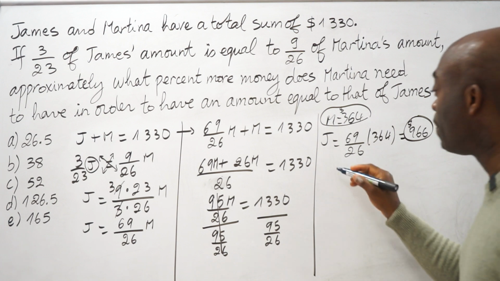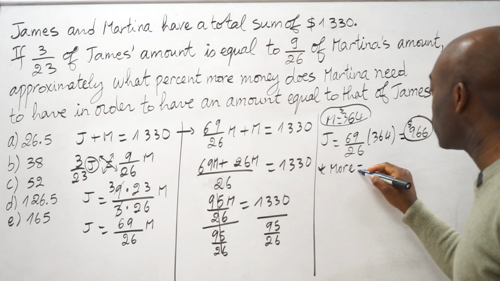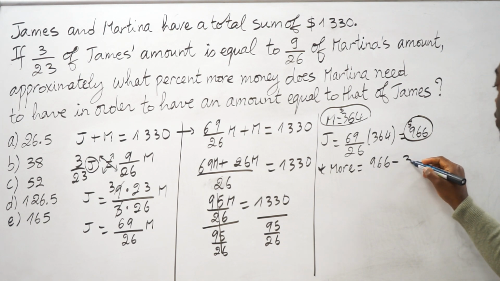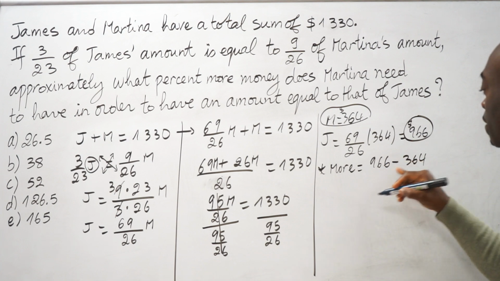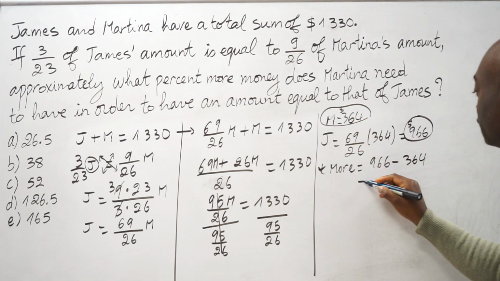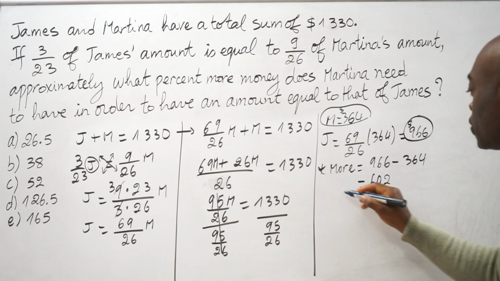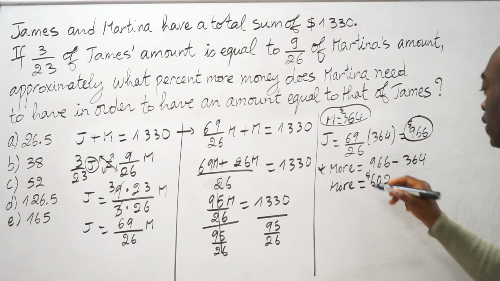That's $966 minus $364, James minus Martina, which gives us $602.